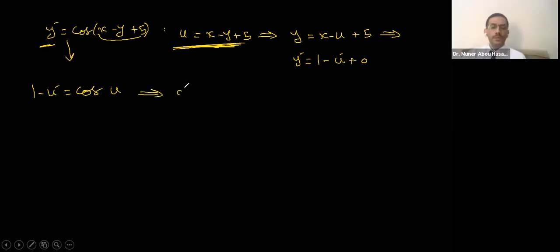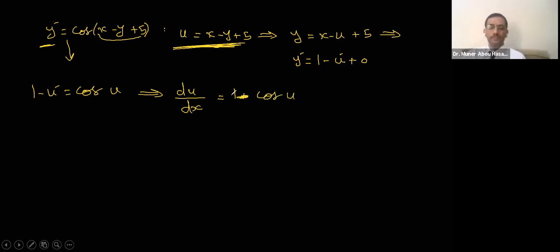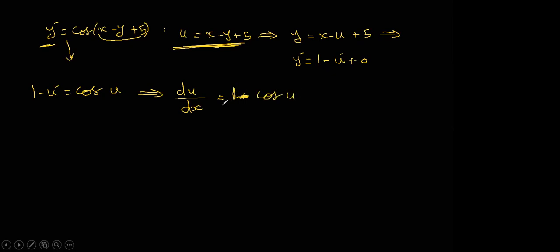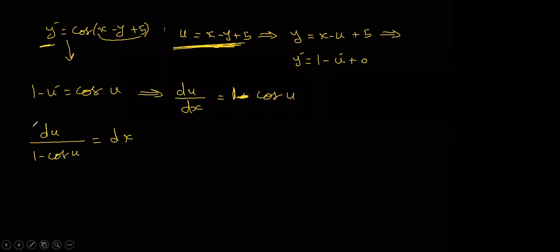Great. So du over dx, which is u prime, equals 1 minus cosine u. Then it will be 1 over (1 minus cosine u) du equals dx. Great. So you divided both sides and multiplied by dx. What should I do now? Integrate both sides, an integral here and an integral here.